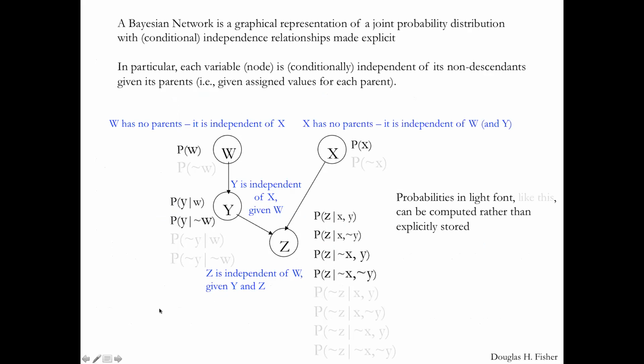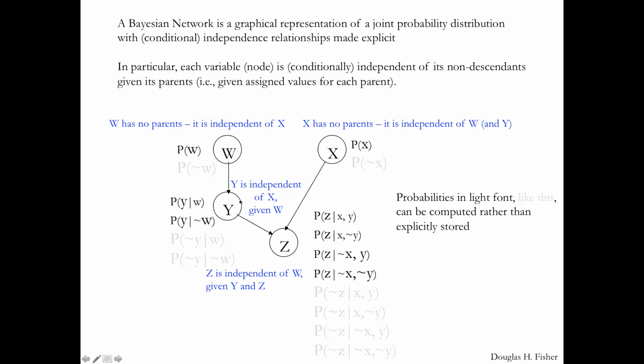So here is a Bayesian network, which is intended to represent the situation in the quiz. And you've done the reading, and so you know a Bayesian network is just a graphical representation of a joint probability distribution. In this case, this represents the fact that Y is conditionally independent of X, and of all its non-descendants, given that the value of W, its parent, has been assigned.